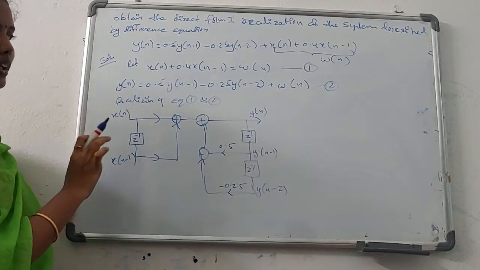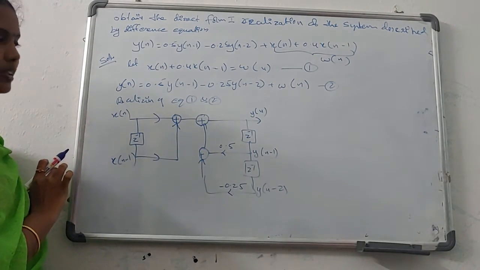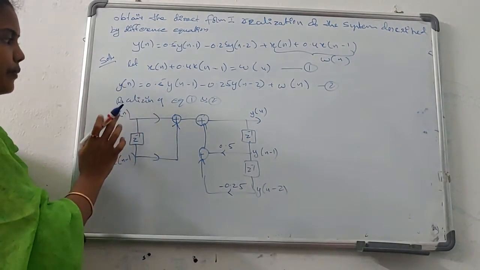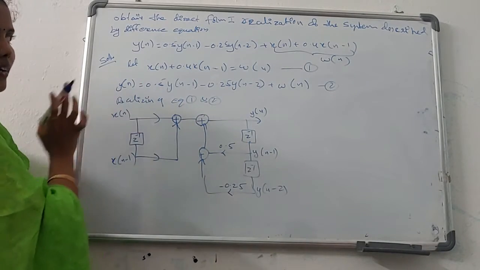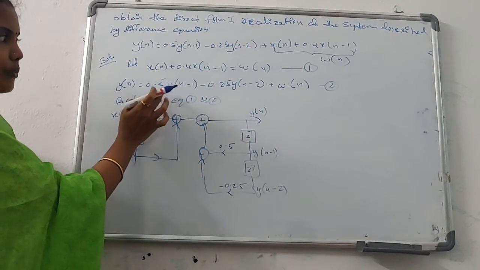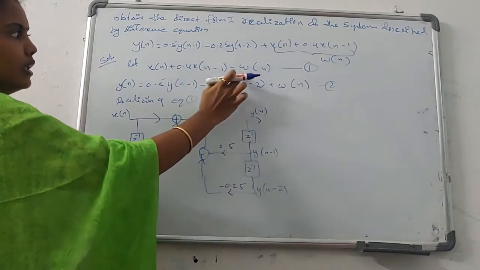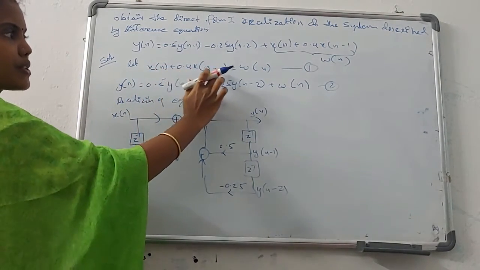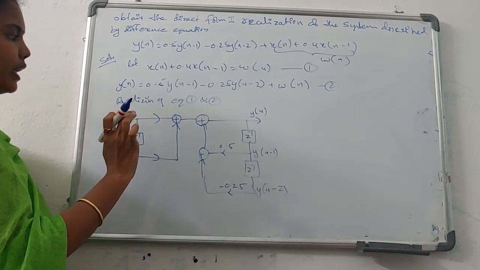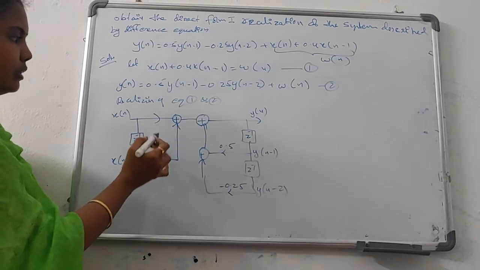Now we have to draw the structure and realize y of n. First, what is the input? x of n plus 0.4 x of n minus 1.